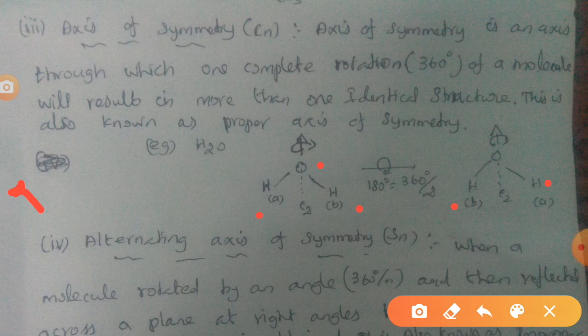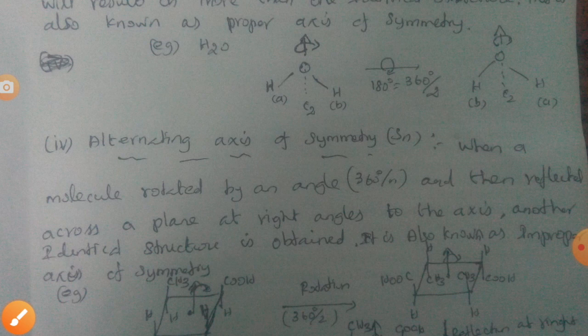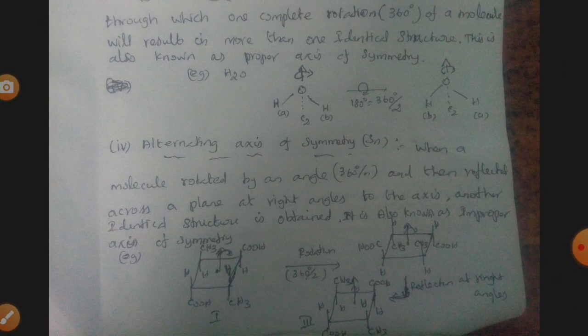Next one is the alternating axis of symmetry. It has a different meaning. When a molecule is rotated by an angle, as in the axis of symmetry, and then reflected across a plane at right angles to the axis, another identical structure is obtained.